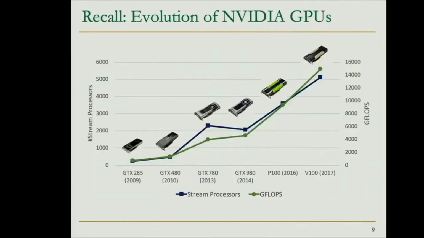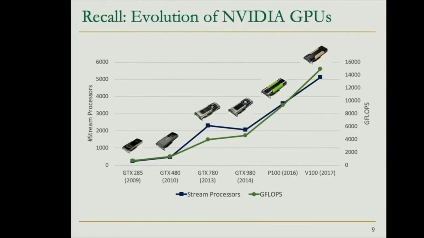This one was released in 2009, but the first CUDA-capable GPUs were released 2-3 years before. And the thing is that in the last 10 years, you can see how much the number of these stream processors and, what is more important, how much the peak throughput has increased.